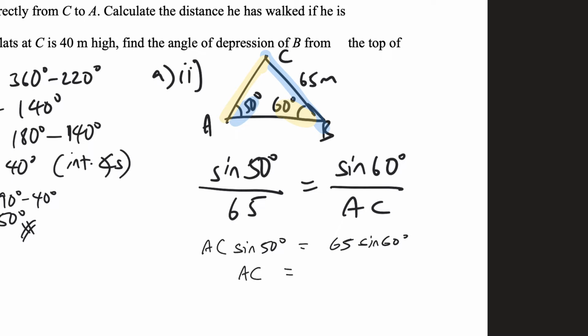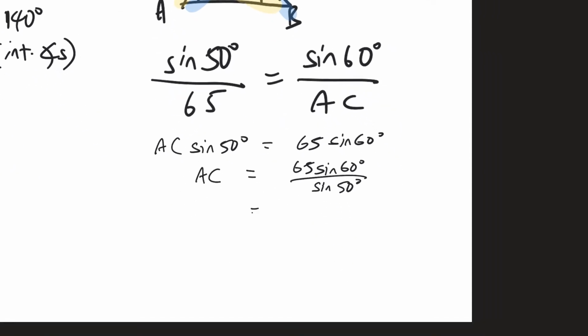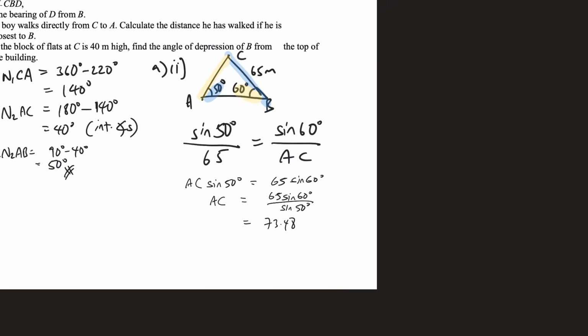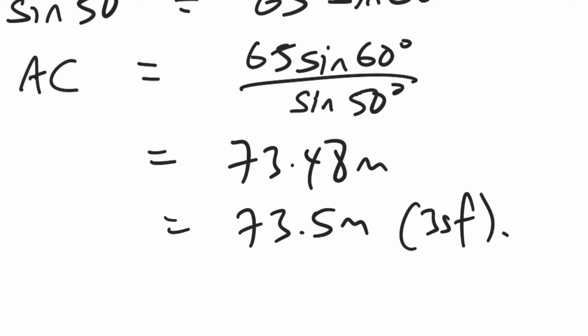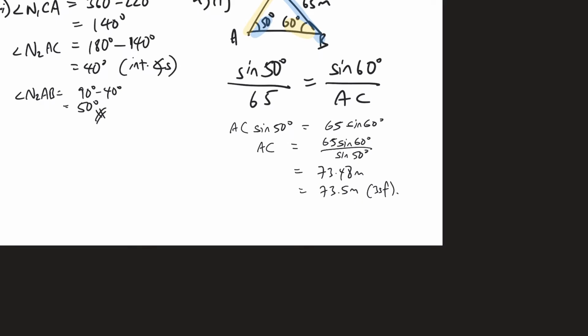AC, divide both sides by sine 50, therefore is this, right? And we key all of that into a calculator, and we get 73.48. Now this is length, right, in meters, so we can say this in meters. It's exact, or we can put to 3 SF. And that's how we do it.